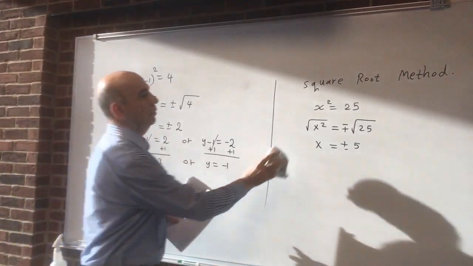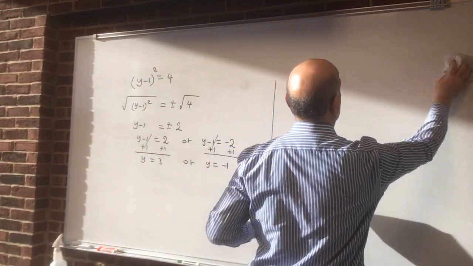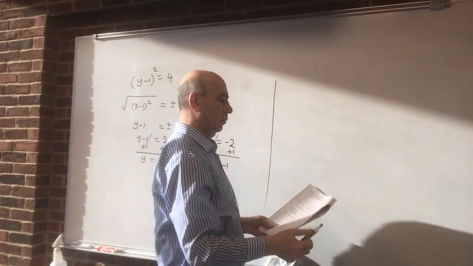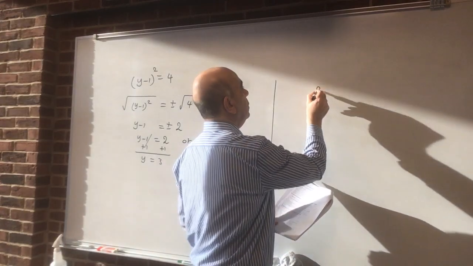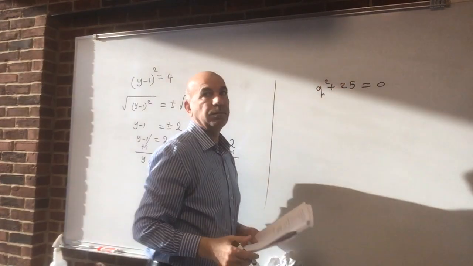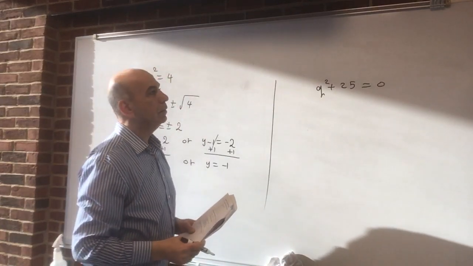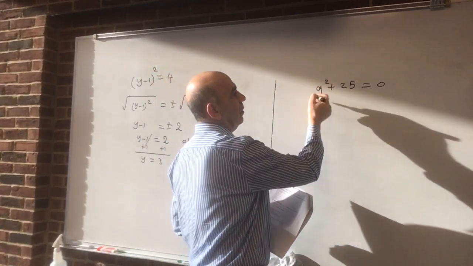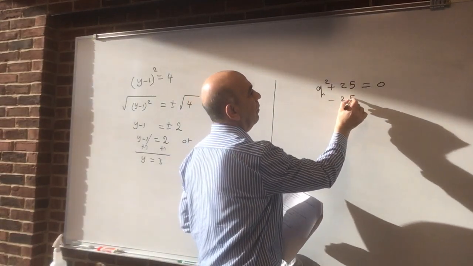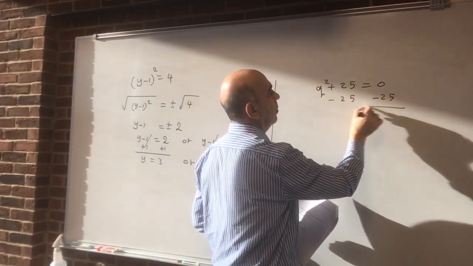Another example. q squared plus 25 equals 0. First isolate q squared, so subtract 25 from both sides.